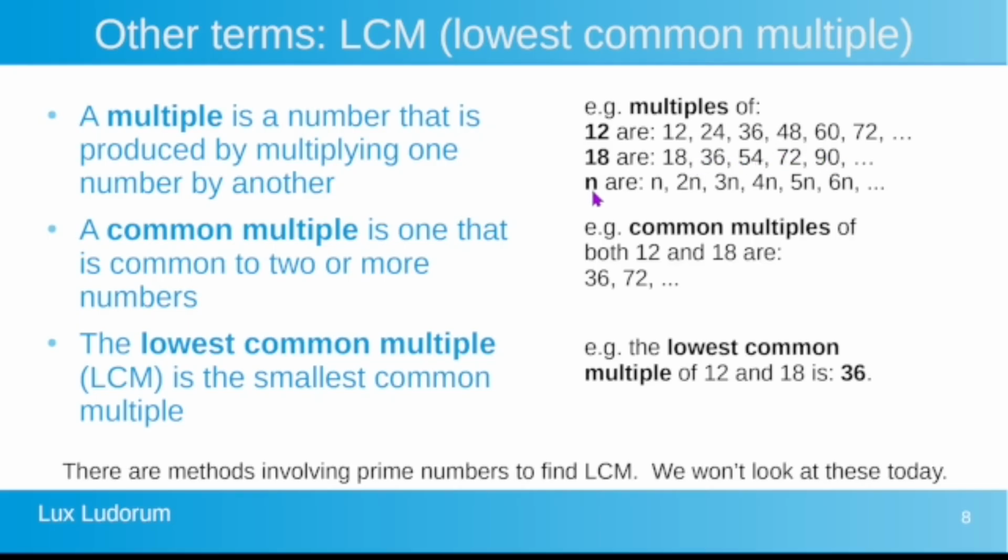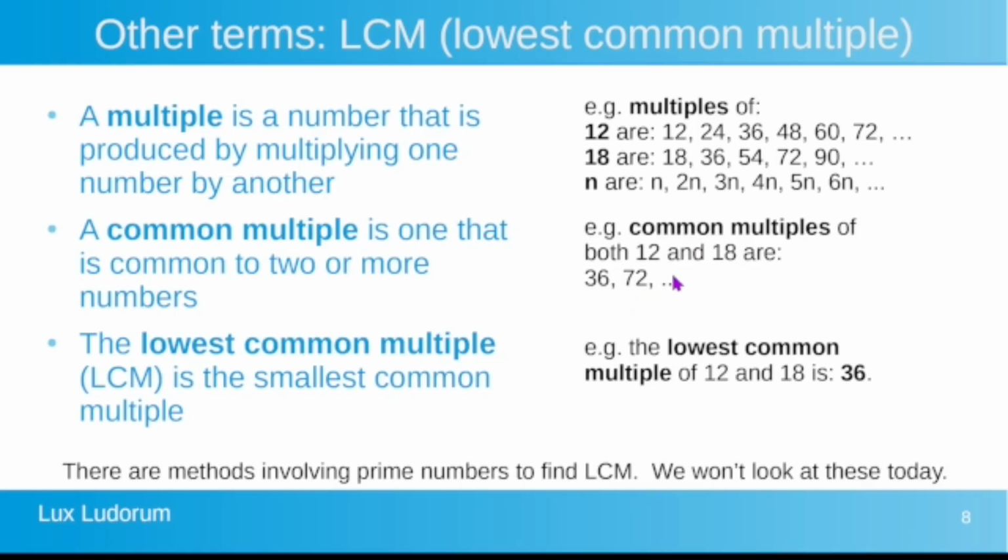Multiples of n are n, 2n, 3n, 4n, 5n, 6n, and so on. A common multiple is one that is common to two or more numbers. So common multiples of both 12 and 18, we look along these lists of multiples and find numbers that appear in both lists, and we find 36 and 72.